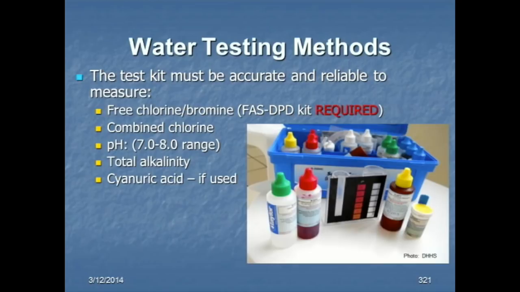Not only for the free chlorine and bromine, but you've got to be able to test for combined chlorine, the pH of the pool water, which we understand is important when balancing the water, and the total alkalinity. If you're using a stabilized form of chlorine or have added stabilizer, cyanuric acid, you've got to be able to test for that too. Make sure it never exceeds that 50 parts per million number.